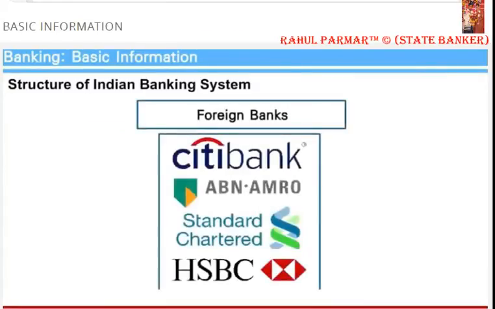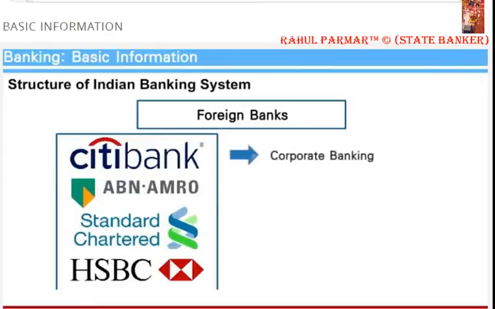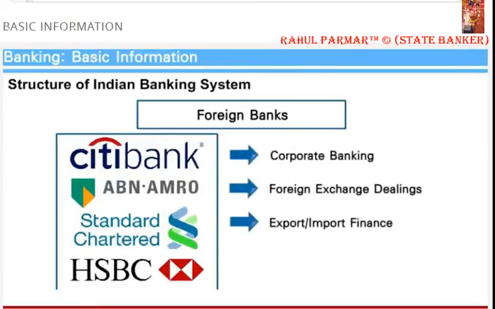Banks incorporated abroad, but granted license by RBI to operate in India through their Indian branches, are known as foreign banks. Most of the foreign banks operate in metropolitan cities of India. Their operations are technology-driven. Their major businesses are corporate banking, foreign exchange dealings, export-import finance, and merchant banking.